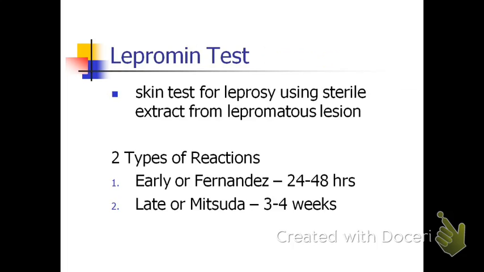There will be two types of reaction in the lepromin test: the early or Fernandez reaction, which appears about 24 to 48 hours after, and the late or Mitsuda reaction, which occurs 3 to 4 weeks after inoculation of the lepromin. Remember, only the tuberculoid form of leprosy would be positive for the lepromin test.